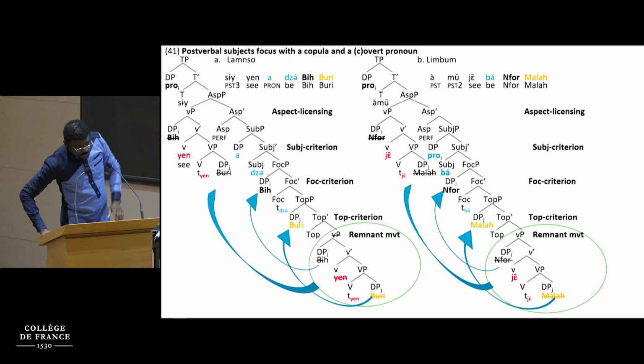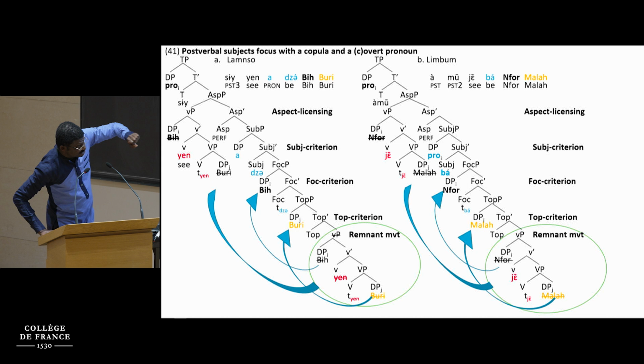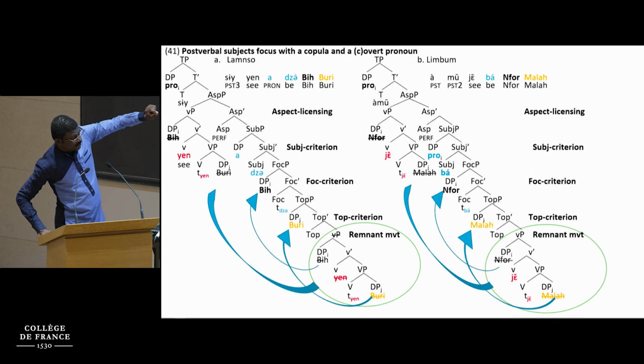So the same thing goes for Limbum on the right side, where you take the subject to the spec foc position. You have agreement with the focus marker, which is the copula. Then the copula raises to the subject head, and what you get in Limbum is a null pronoun, which corresponds to a pronoun in Lamso here.